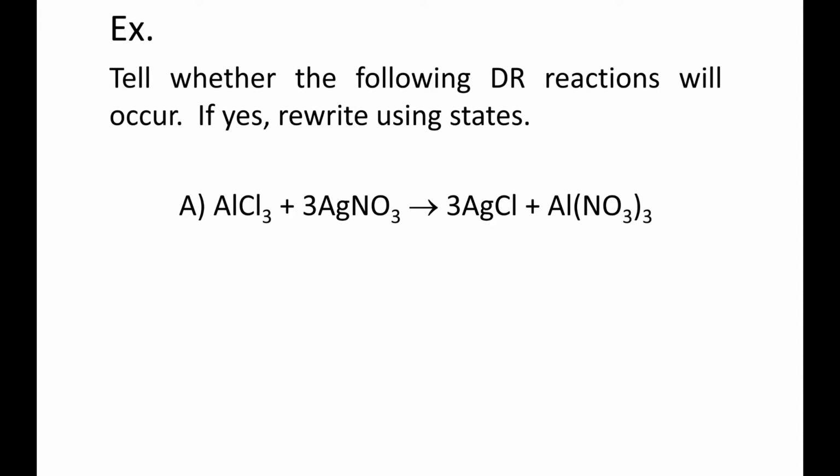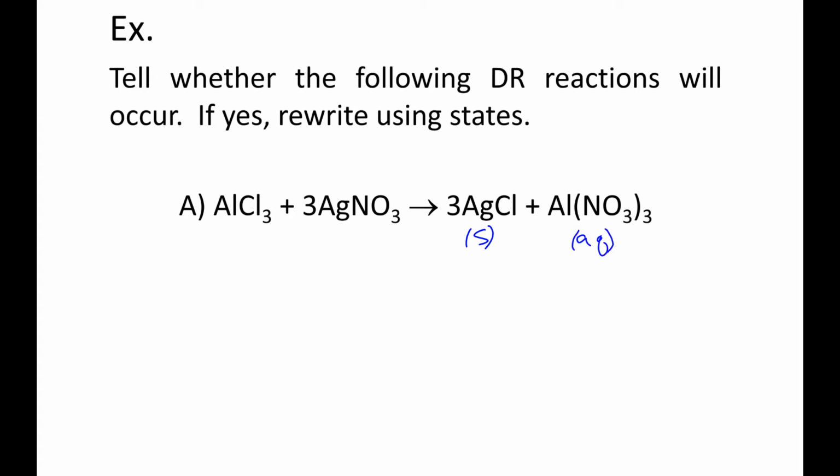It cannot be aqueous. So if we look on our solubility table, we're going to look for silver chloride, because Ag is silver and Cl is chloride. So we're going to find silver chloride, and you find that silver chloride is a solid. Okay, and then when you look up here, aluminum nitrate's aqueous.